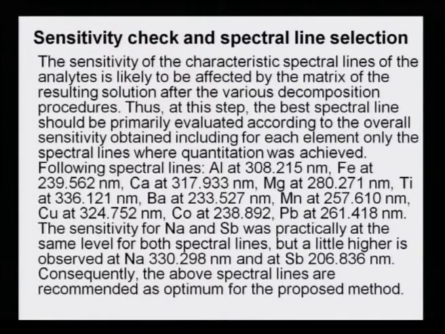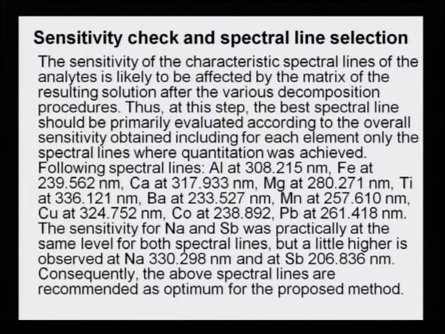The sensitivity for sodium and antimony was practically at the same level for both spectral lines, but a little higher is observed at sodium 330.298 nanometer, and for antimony it was 206.836 nanometer.